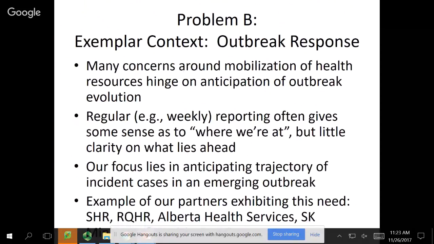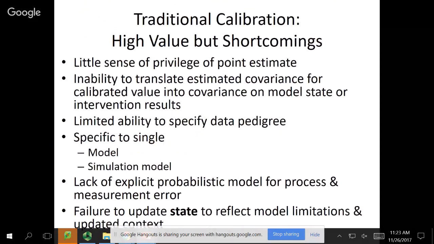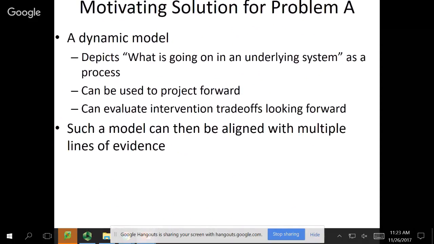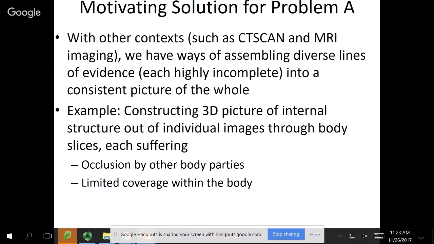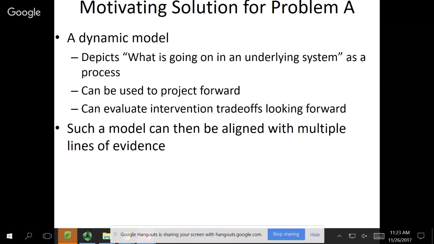from the world. So this is one motivation. We'd like to have this way of knitting together these multiple lines of evidence into a consistent portrait of the system as a whole. And our tool for doing that, for depicting the system as a whole, is a dynamic model.